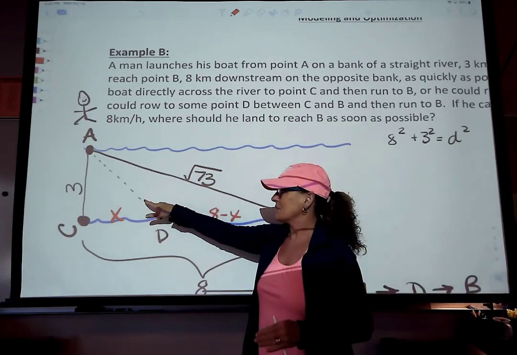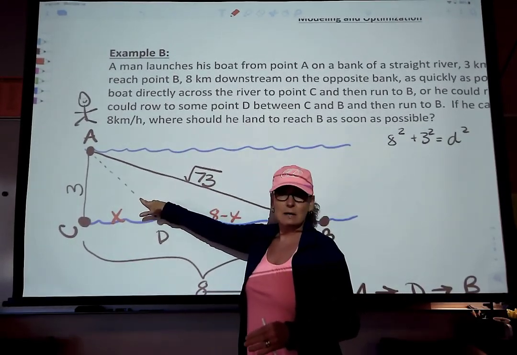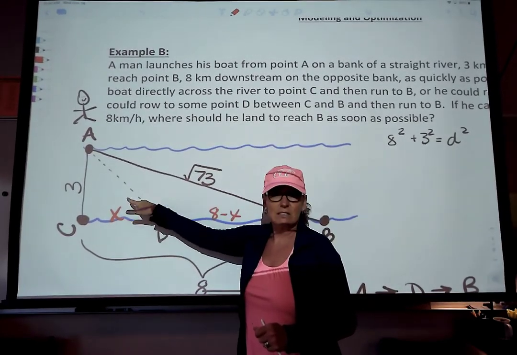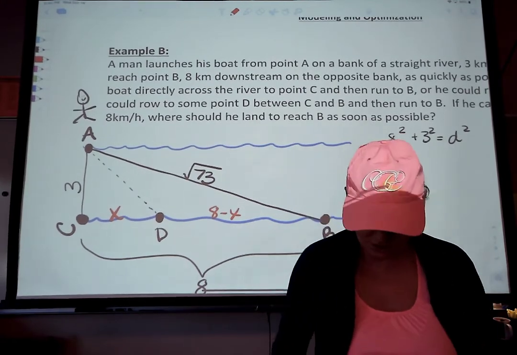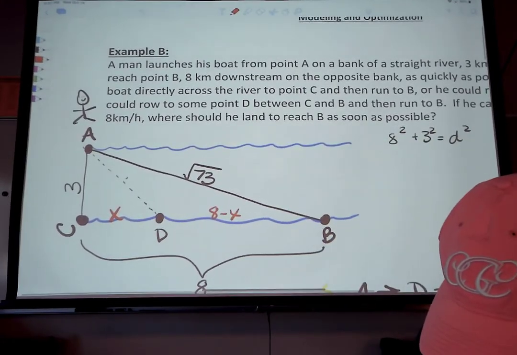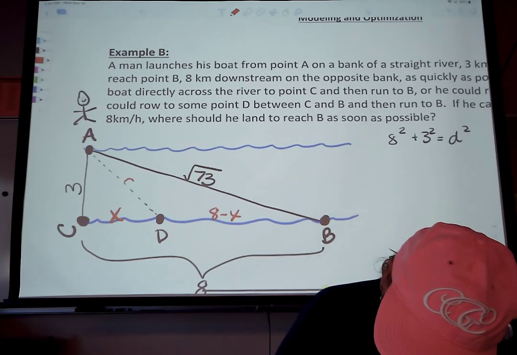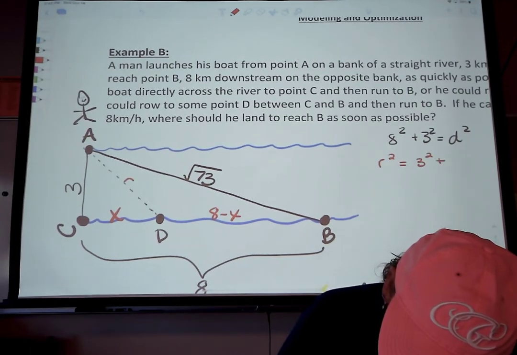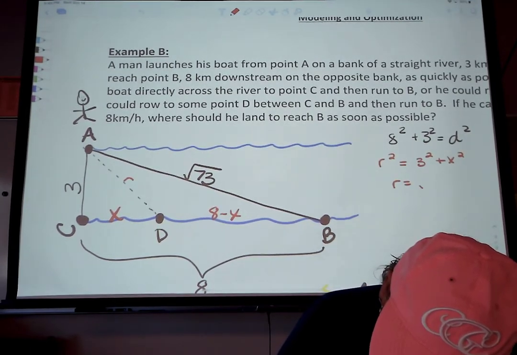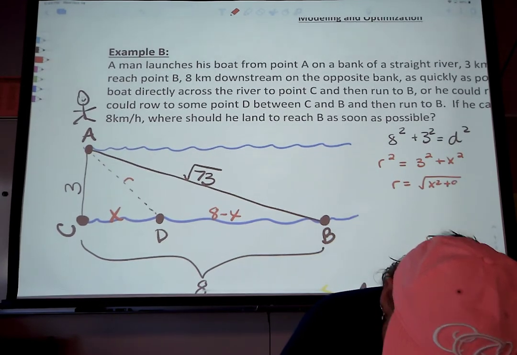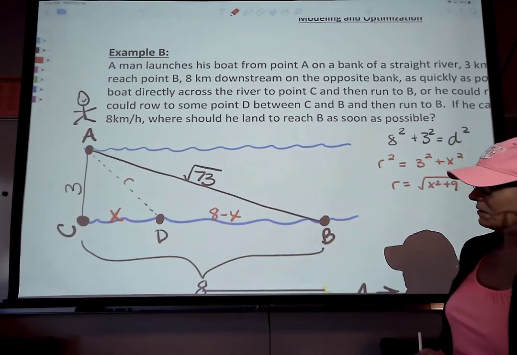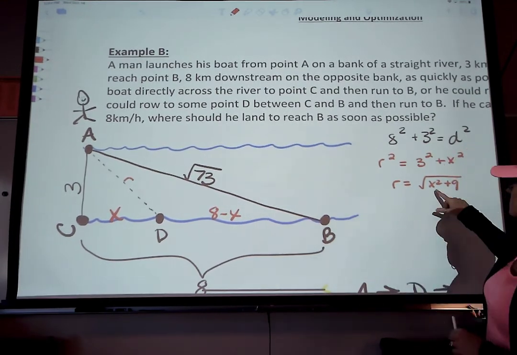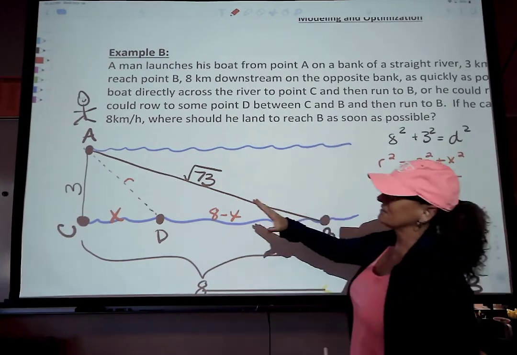Now let's get a representation for his rowing distance. And you've got a cute little right triangle here to help you with that. So his rowing distance, I'll call it r for now. I can say r squared equals 3 squared plus x squared. So the square root of x squared plus 9, that's this distance right here.